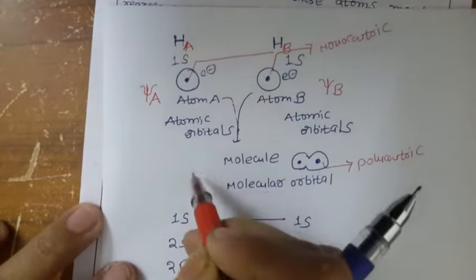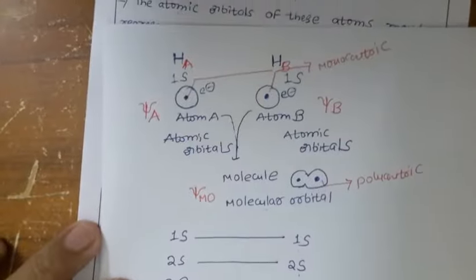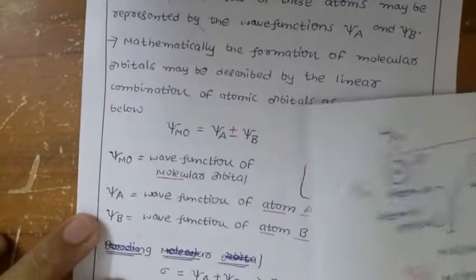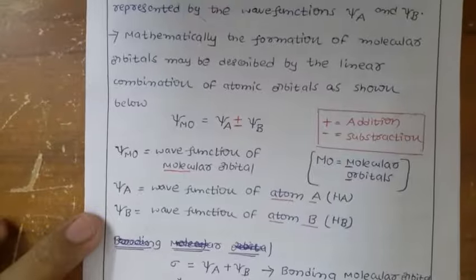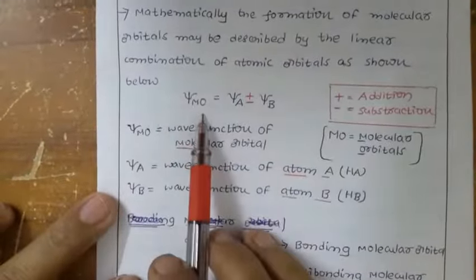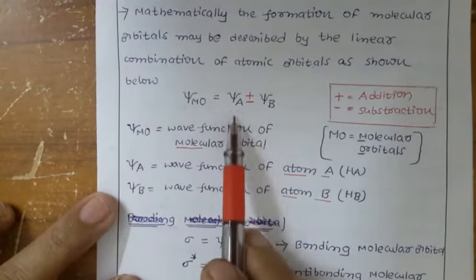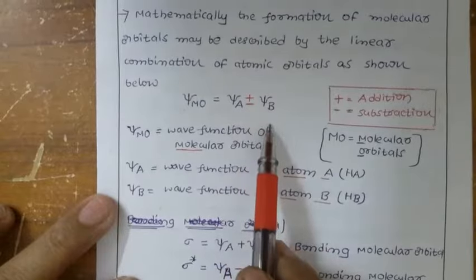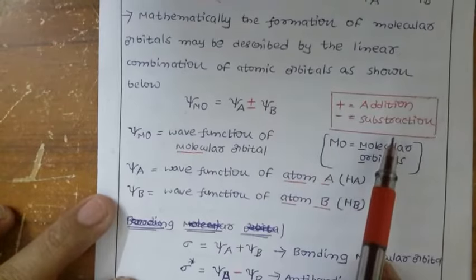Now, if you see, we have the psi MO, the molecular orbital wave function. So how are you going to show the molecular orbital? According to the mathematics, we have the equation: psi molecular orbital wave function equals psi A plus or minus psi B. Here plus indicates addition, minus indicates subtraction.